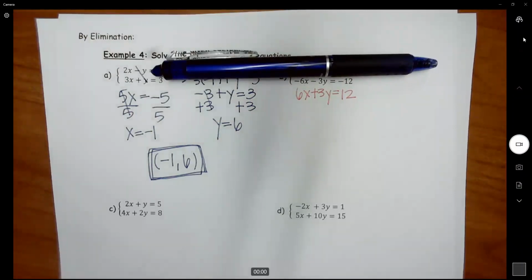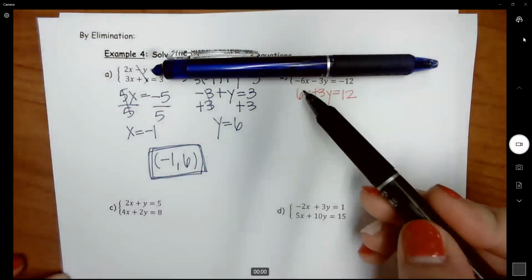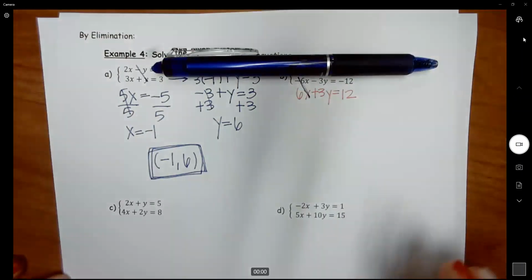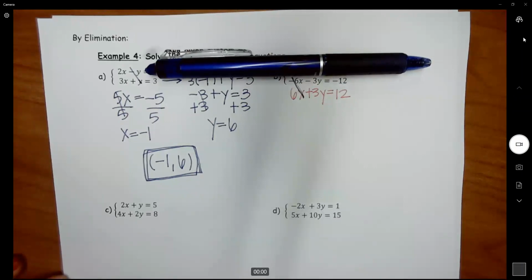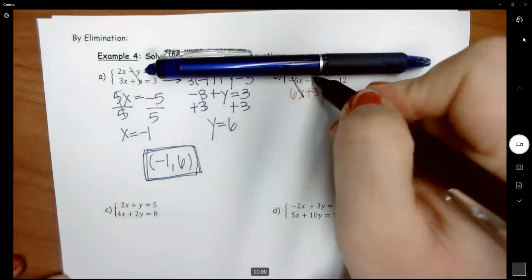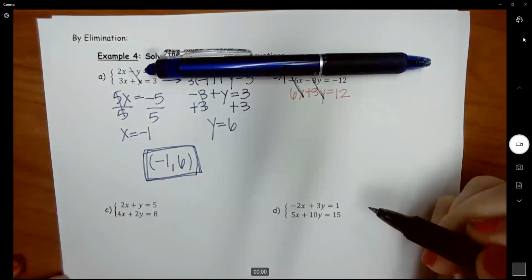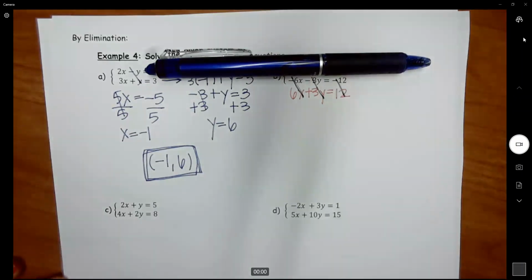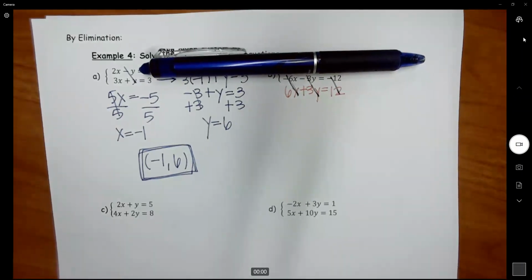So now my x's are going to cancel with each other. Negative 6 and a positive 6 cancel. But kind of notice what happens. You've got a negative 3y and a positive 3y. Well, those also cancel. And we have negative 12 and a positive 12. Those also cancel.